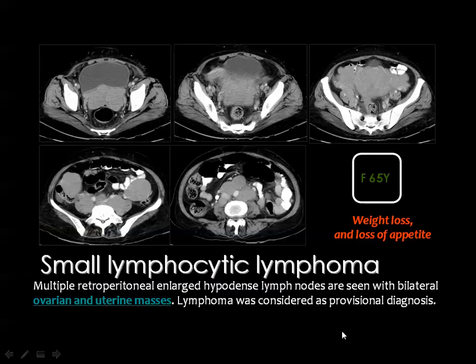If you look here, you can see there is a big mass in the pelvis, and this mass affects the ovaries, and in the retroperitoneal area you see the appearance of lymphomatous nodes, which are bulky, homogeneously enhancing, with no internal areas of breakdown or calcification.